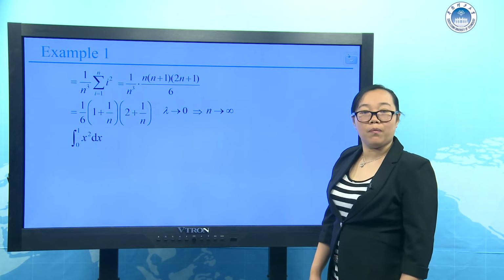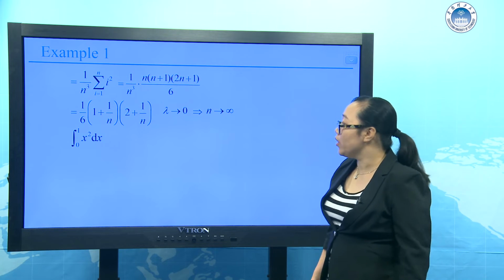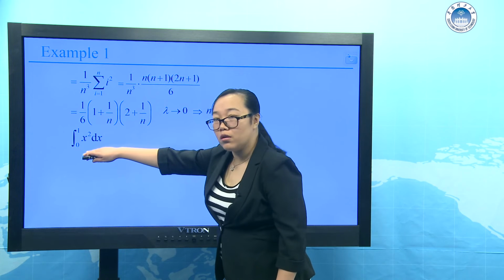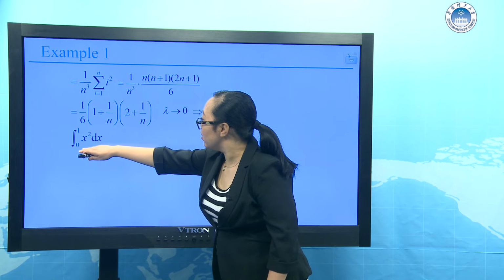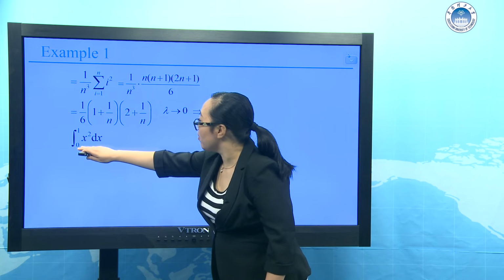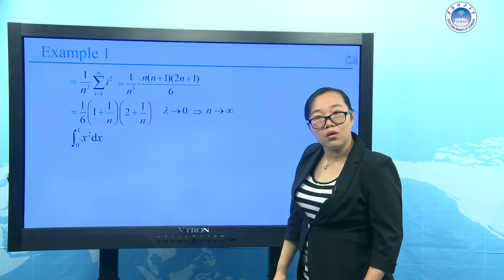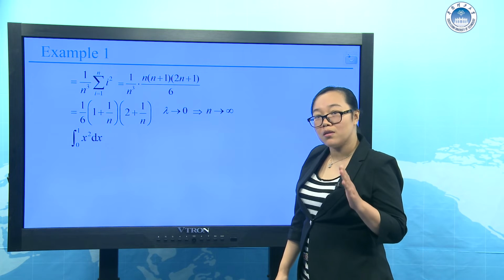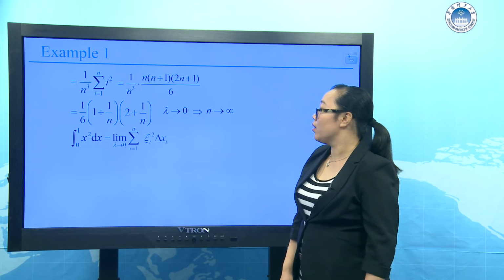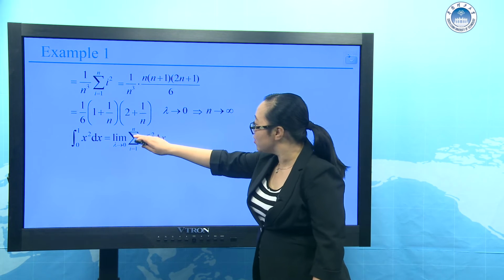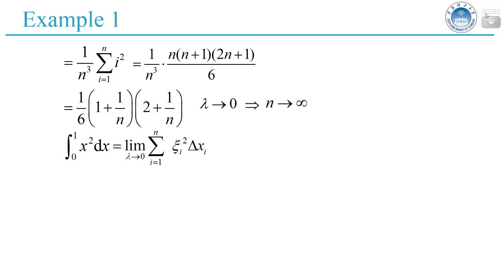So the last step: the area of the region equals the value of the definite integral from 0 to 1 of x squared dx. Do you remember the last step? Step 4 equals the limit of the summation as lambda tends to 0. Now look at the summation. Yes, the summation is a function of n.